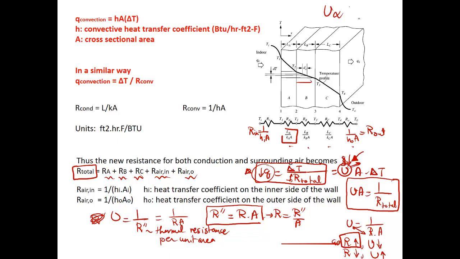U is inversely proportional to the thickness, and we'll see that in the tables. But you do need to convert U, or do the inverse of U, multiply it by the area or divide, or if the area is constant, just keep it as thermal resistance per unit area. You add the thermal resistance and then you convert back to the U value if you need to.